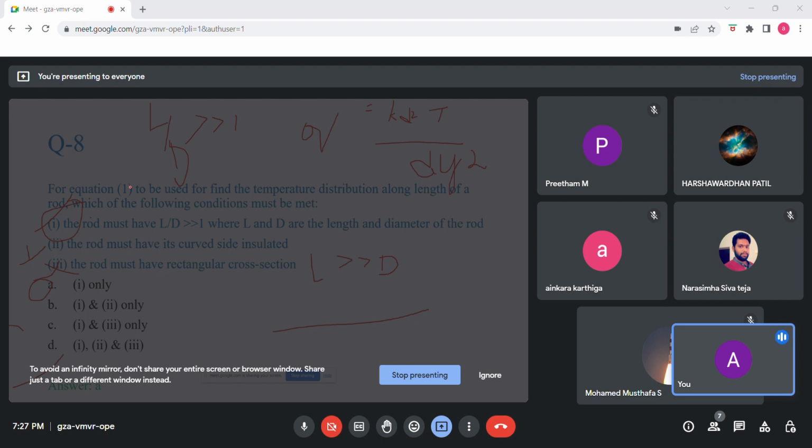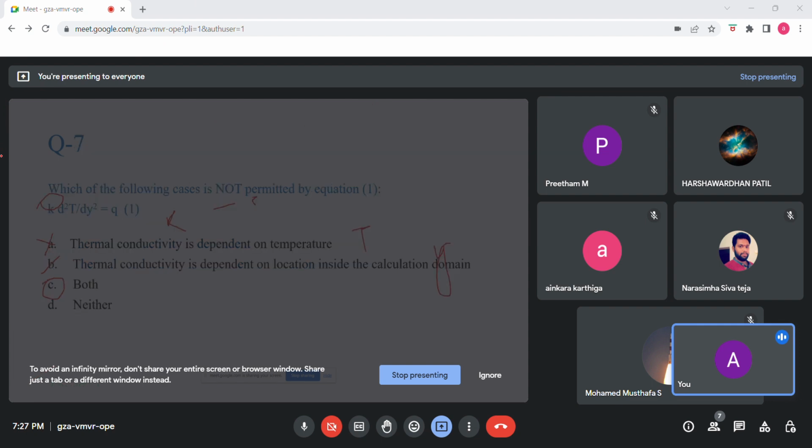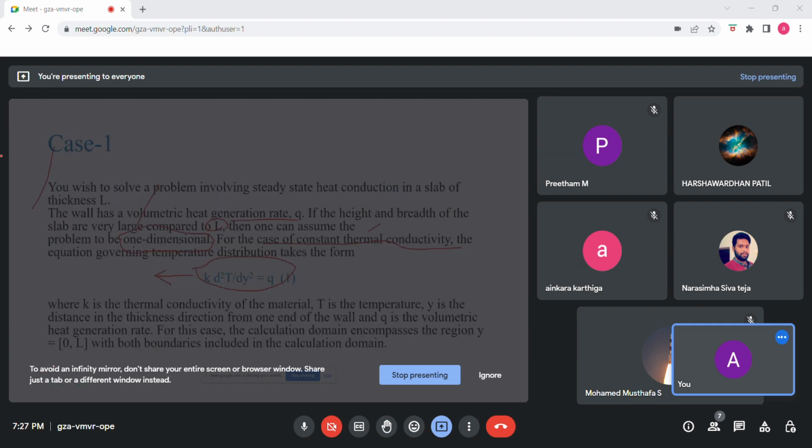We are just assuming majorly the application of equation 1, and this is related to the case given. In this case, the major point to be taken is constant thermal conductivity, and it is a one-dimensional case.